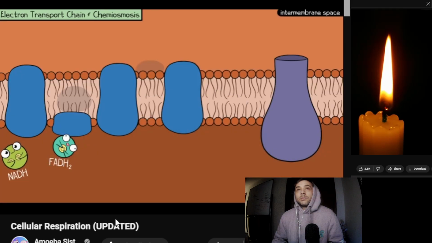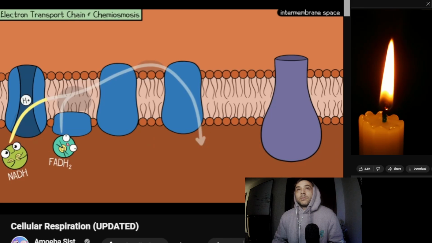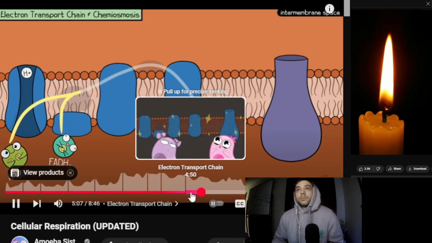This is a very complex process, and we are greatly simplifying it by saying that electrons are transferred from the NADH and FADH cells.